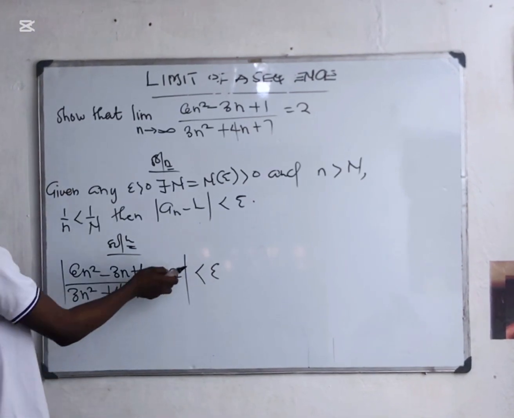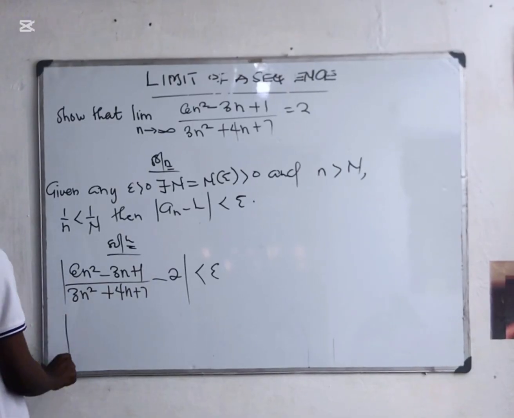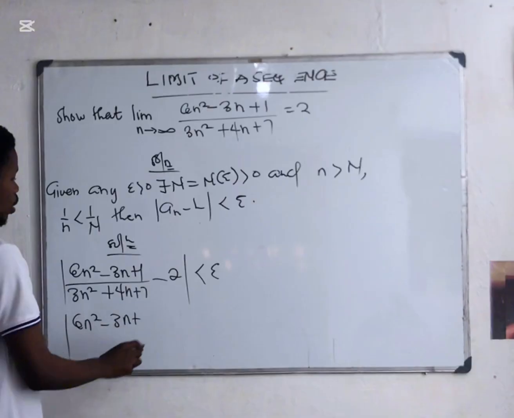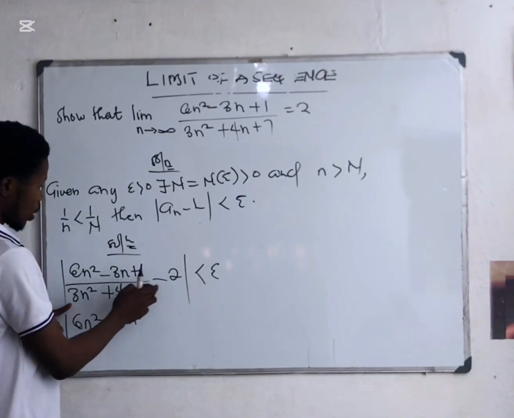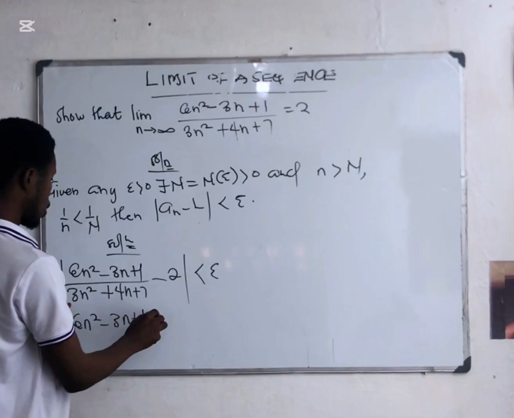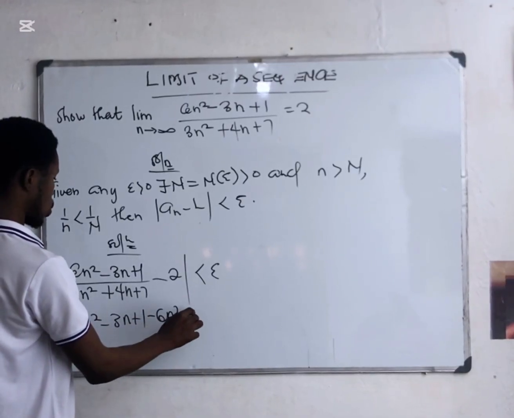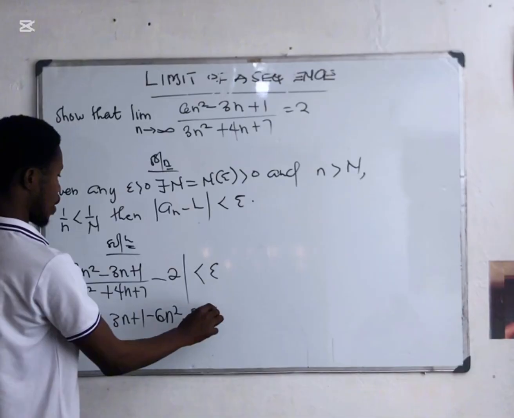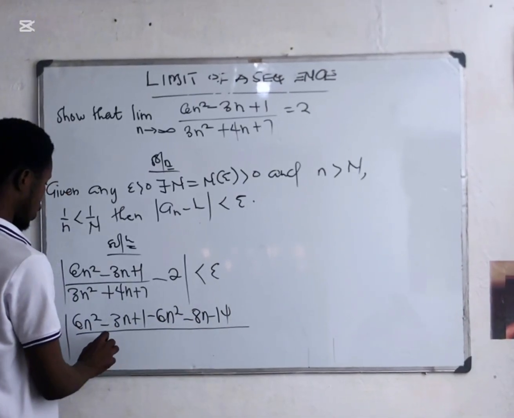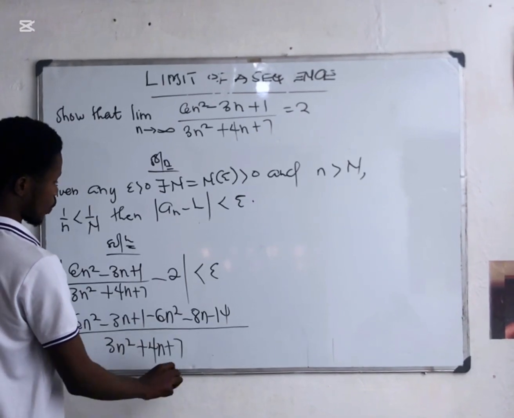First find the LCM. So we multiply this one by this, divided by this. So we go straight to the point saying that 6n squared minus 3n plus 1, this multiplied by this, negative 2 times this, that will give you negative 6n squared minus 8n minus 14, divided by 3n squared plus 4n plus 7.